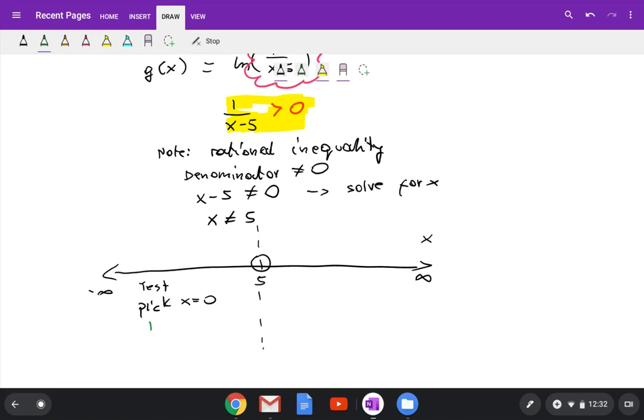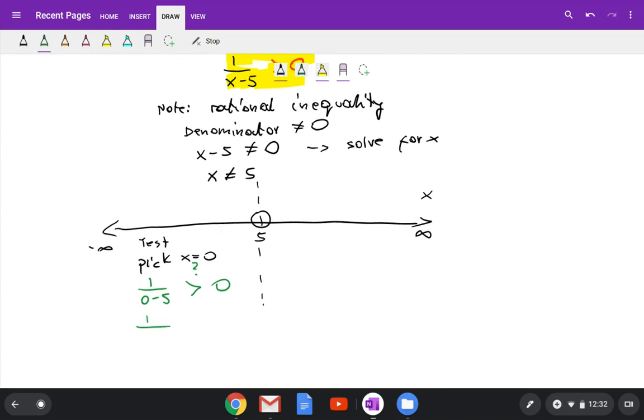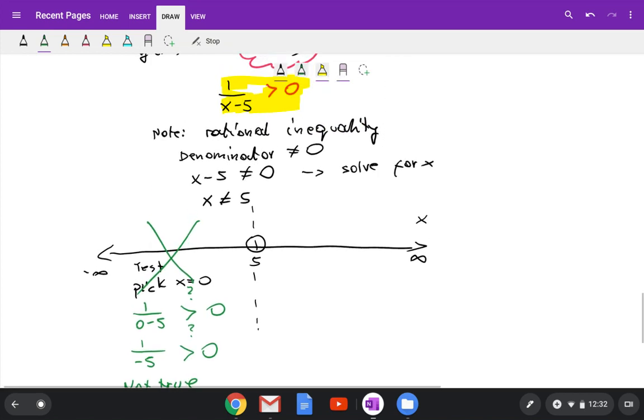So I have 1 over 0 minus 5, and I'm going to check if this is positive. We end up with 1 divided by negative 5. This is definitely not true. So this interval is not the solution of the inequality.